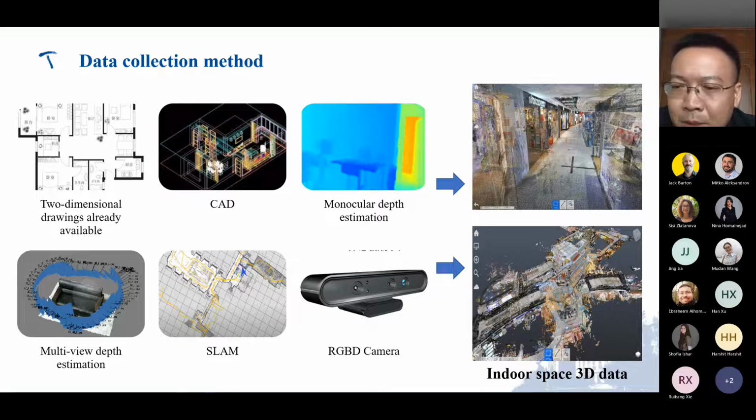So which means the acquisition of the data sets is more time-consuming, and also the economic costs will be higher than the outside. So this is the situation at the moment for the indoor data collection, and also the accuracy is a big issue for the indoor data set.